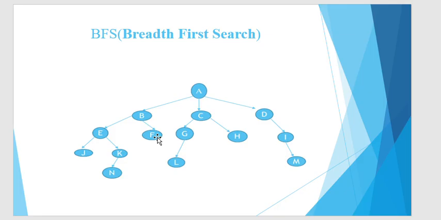But BFS does not do this. BFS goes level by level, so you can also call this level order, or level search technique. Why? First we were on this level, now we are on this level, so we have completed this whole level.